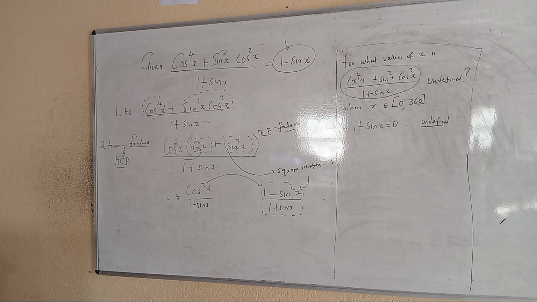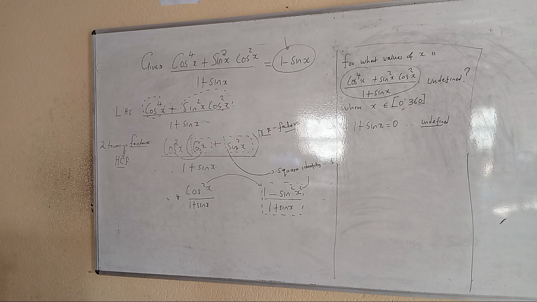In maths, we hate dividing by 0. Because if we divide by 0, the expression will be undefined. You don't want the denominator to be 0.